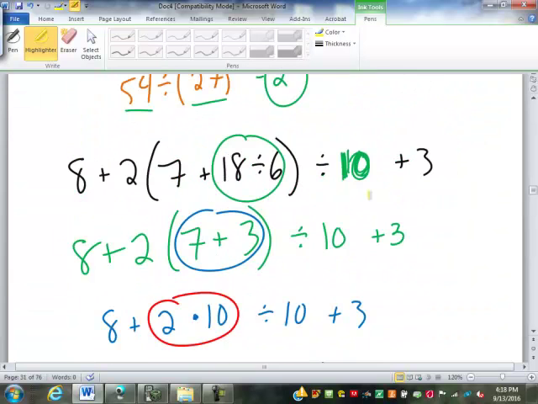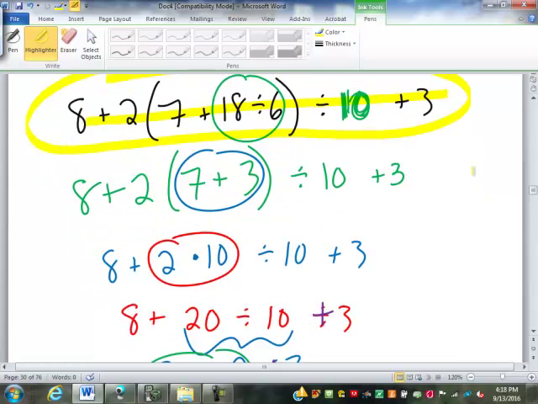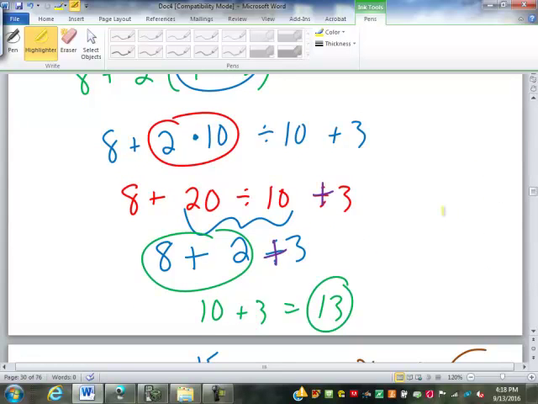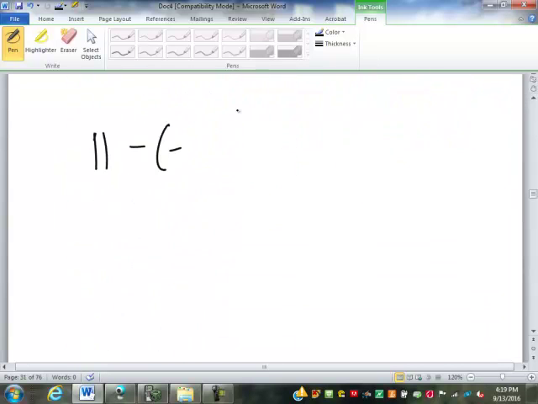A problem like this one, if you use parentheses on your calculator and enter it just like it is, it will actually spit out 13. So your calculator does do order of operations if you can make it understand what it's doing. The problem is making it understand the fraction bar, because some of your calculators do have that, but most of them do not.